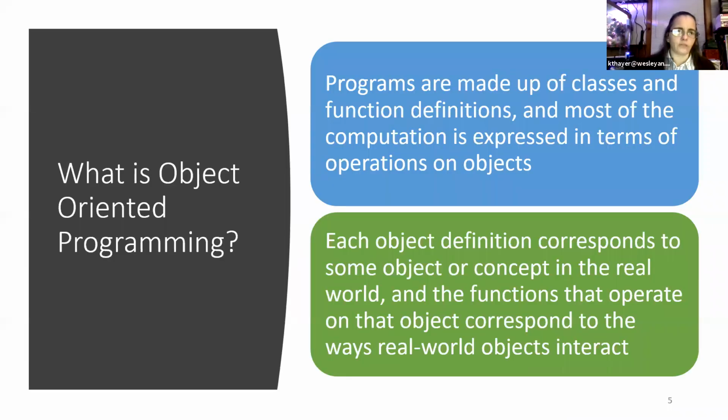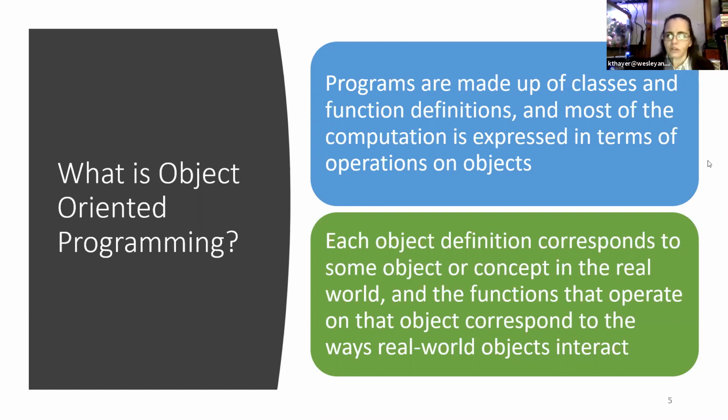So what is object-oriented programming anyways? Object-oriented programming is a way of organizing your programs. Programs are made up of classes and function definitions, and most of the computation is expressed in terms of operations on objects. That's how object-oriented programming would be arranged.